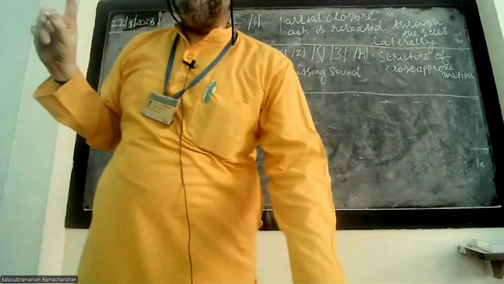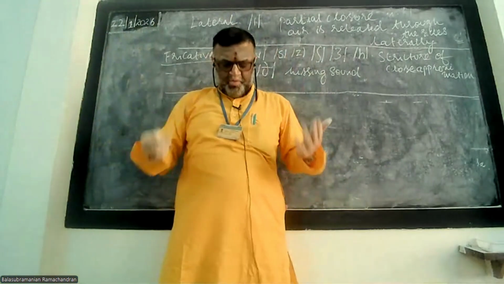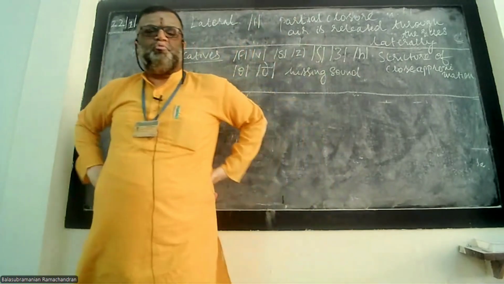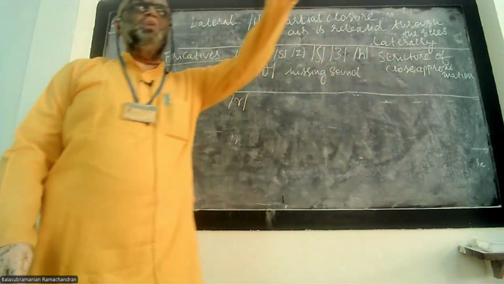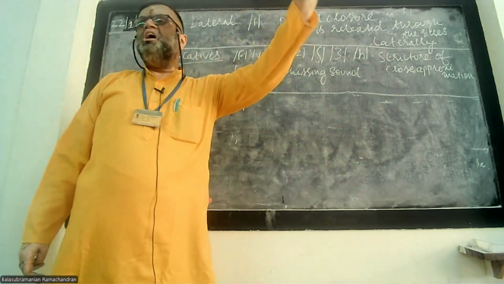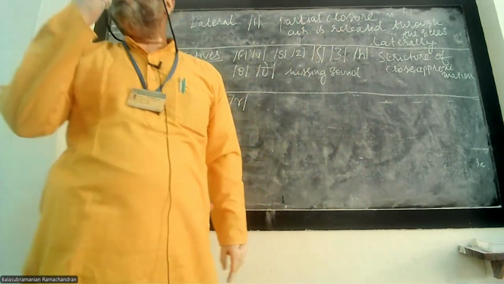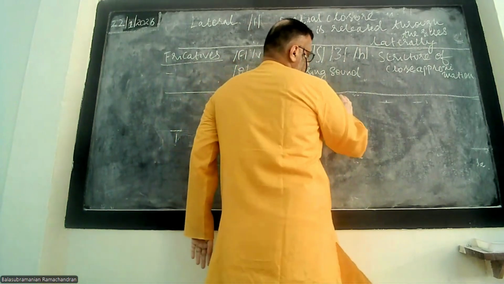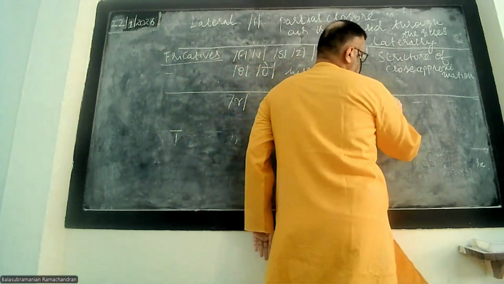Right from the beginning, from the time we started looking at phonetics, when I produce these three sounds, R, Y, W, what kind of gap is there between the articulators? Open approximation.